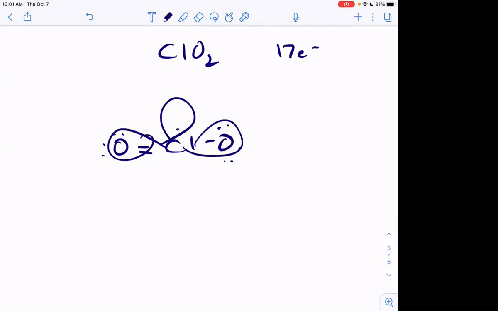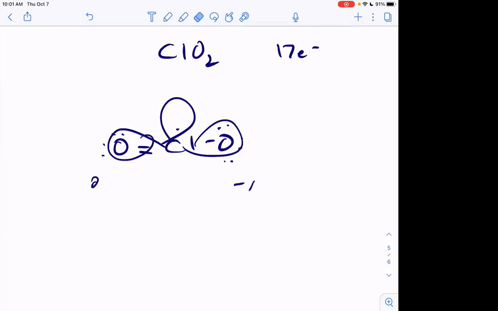What I wind up with here, 0 formal charge, -1, 1, 2. What is this? This is wrong in the structure. Hang on. Oh no, it isn't.